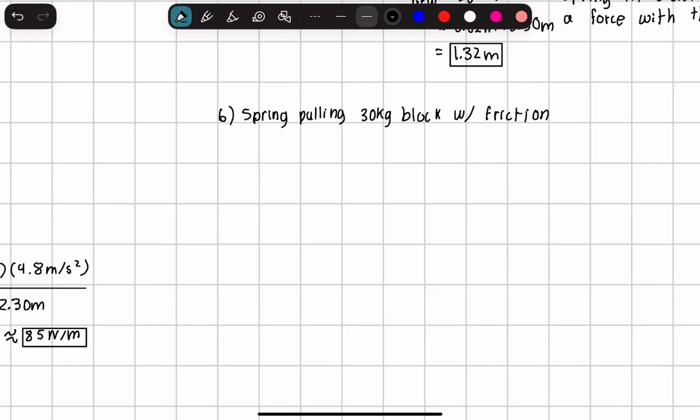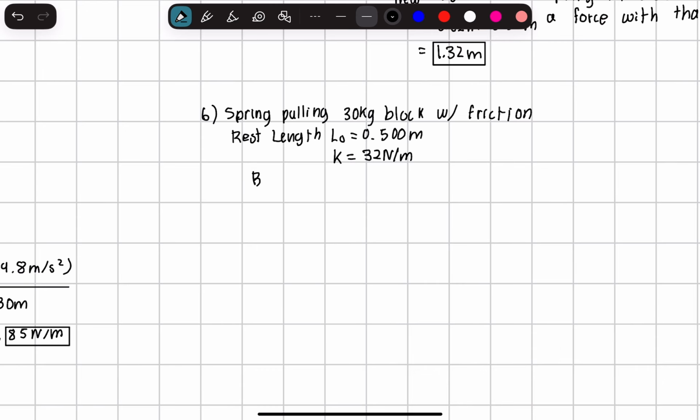So to start, let's write some of the things that we have. We know that the rest length is L initial, and this is going to be 0.500 meters. We also know that the spring constant K is 32 newtons over meters.